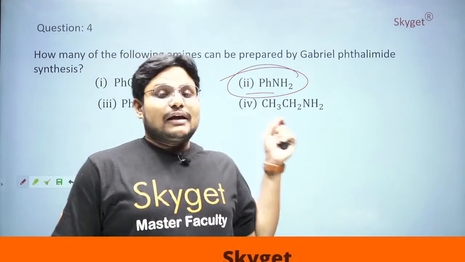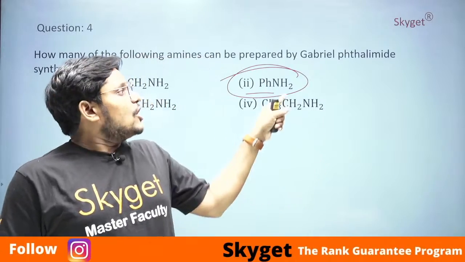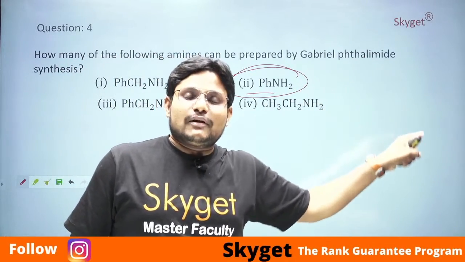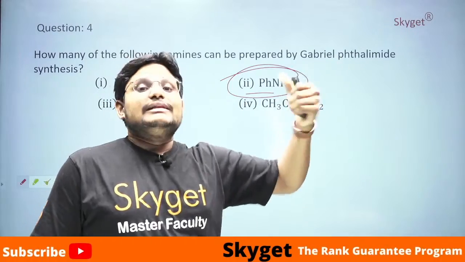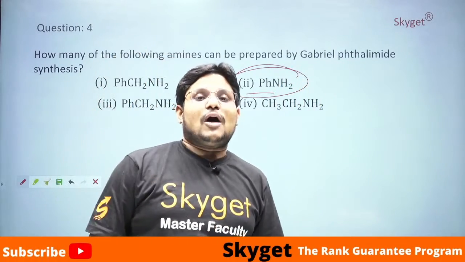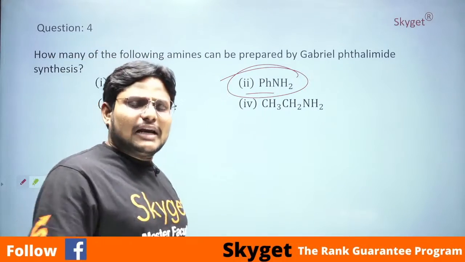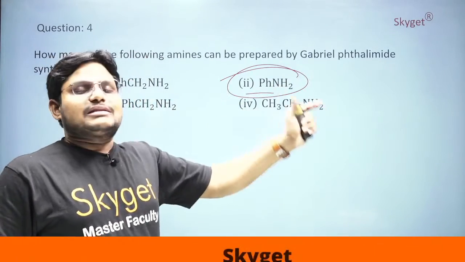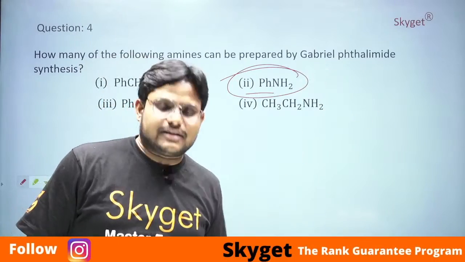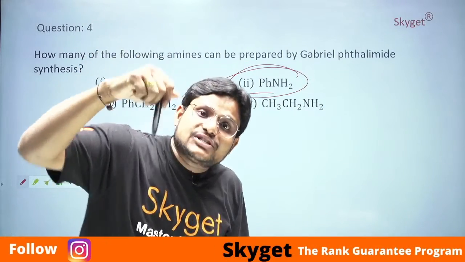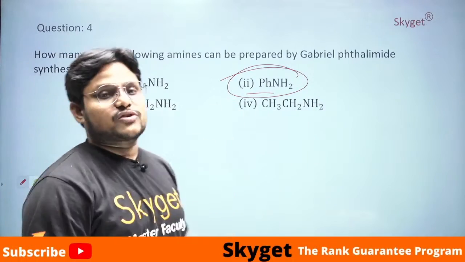Why? Because whatever anion is formed in the Gabriel synthesis, the aryl halide cannot form a compound with that. That is the reason, students. It is a general statement: aryl amines cannot be involved in this phthalimide synthesis. So based on that general point, they have created a question here, students.